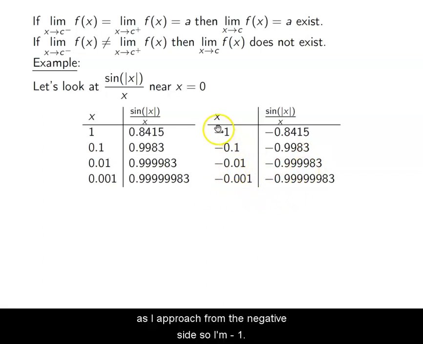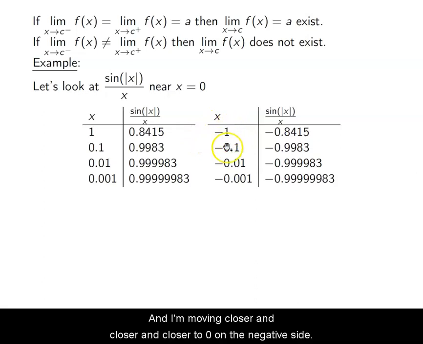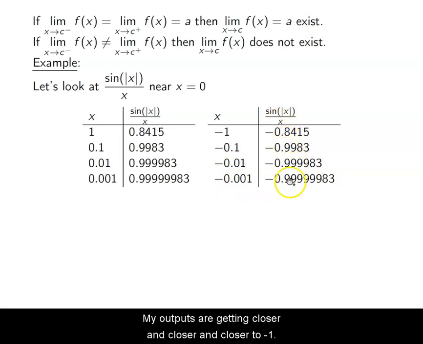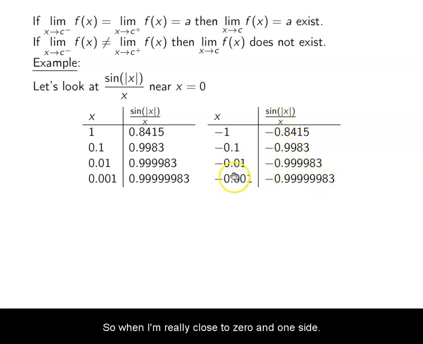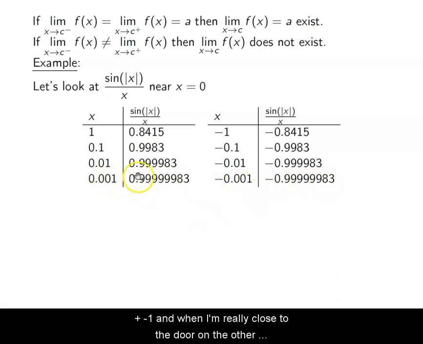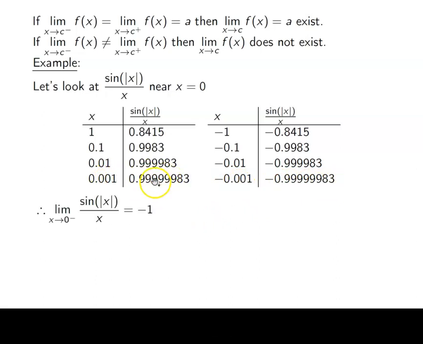So as I approach from the negative side, starting at negative 1 and moving closer and closer to 0, my outputs are getting closer and closer to negative 1. So when I'm really close to 0 on one side, I'm close to negative 1, and when I'm really close to 0 on the other side, I'm close to a positive 1.